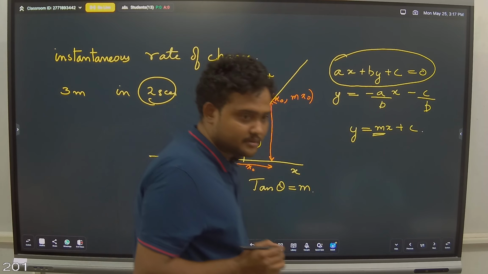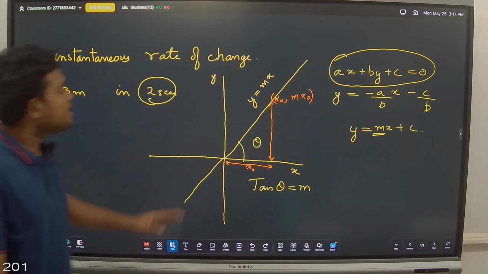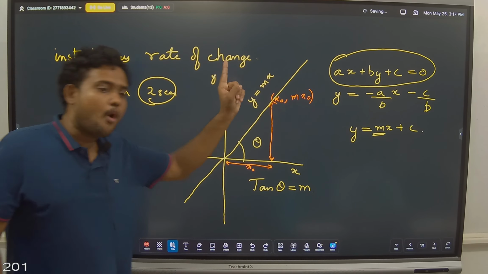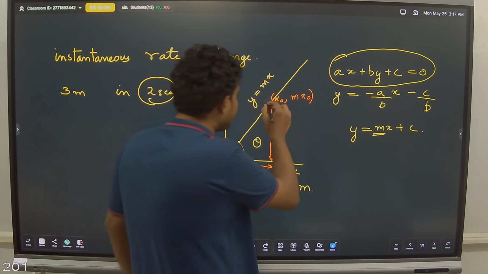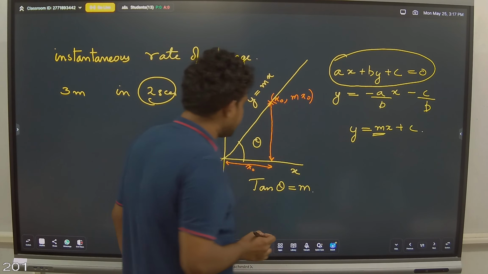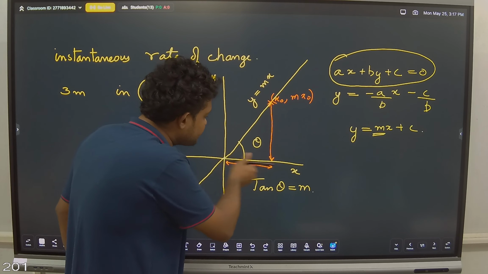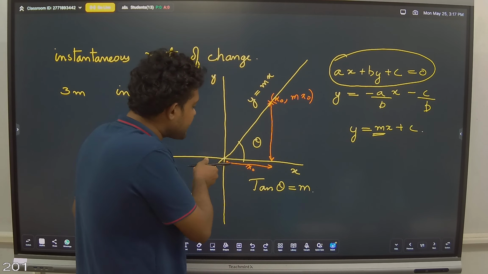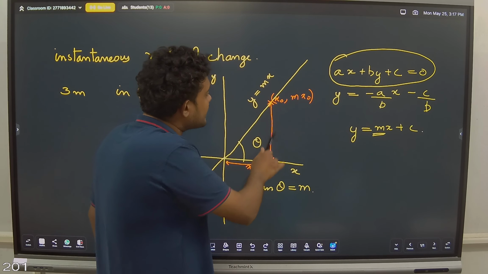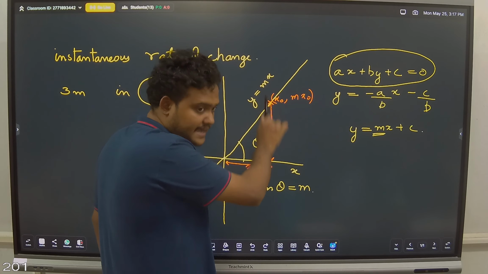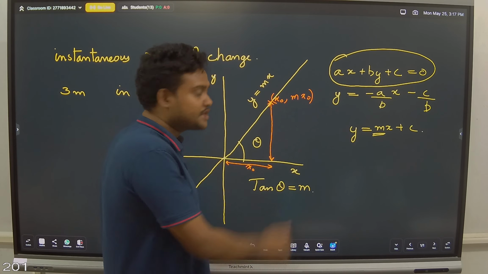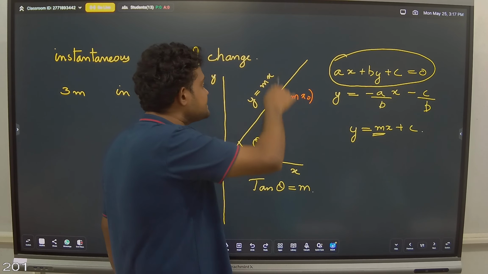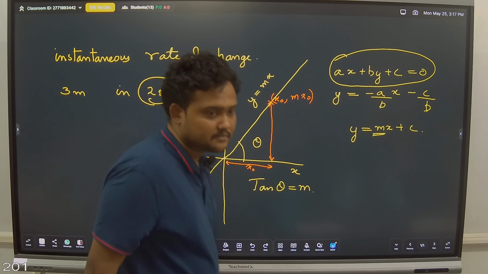You've not understood. So we want to find a point that is on this line at a distance of x naught along the x-axis. For a distance of x naught along the x-axis, the corresponding y or the height is going to be mx naught, because the equation that satisfies this line is y equal to mx.